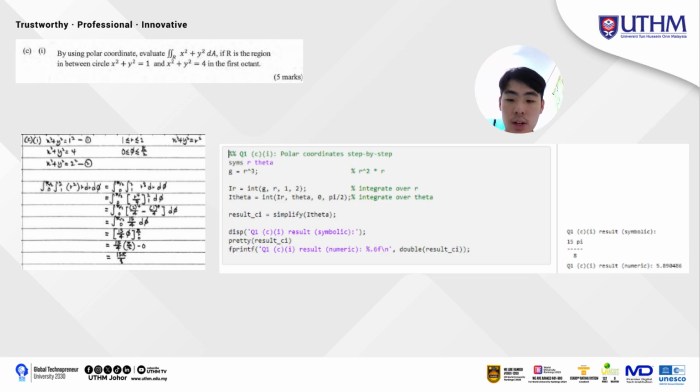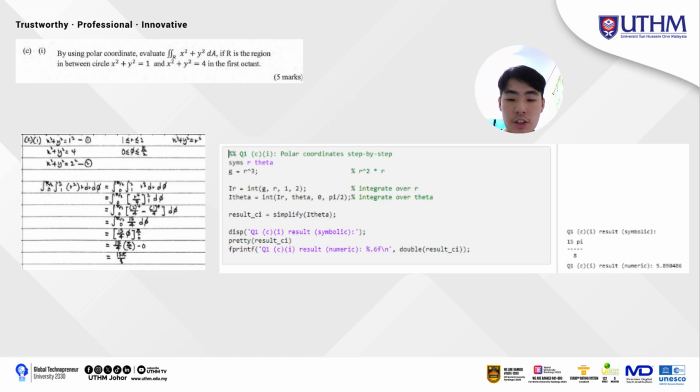Since x squared plus y squared is equal to r squared, our integrand is r squared. And we change dA to r dr d theta and do the multiple integration, so we will get our answer, which is 15 pi over 8.